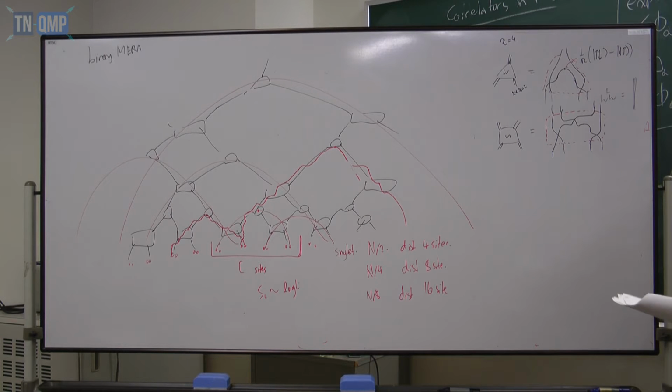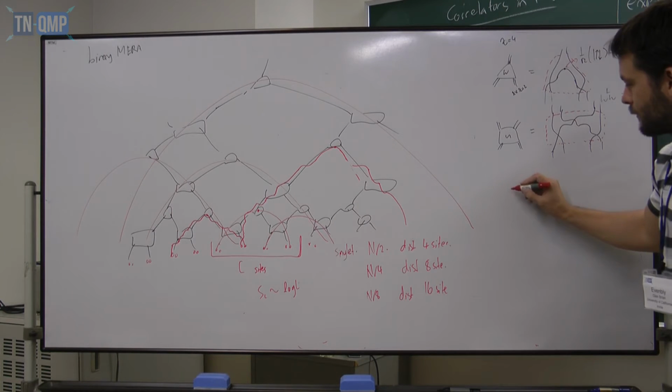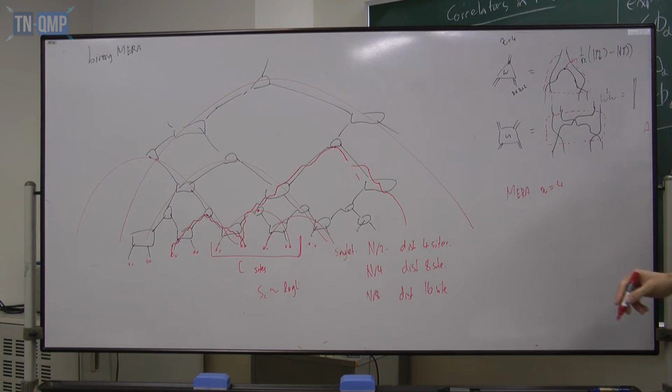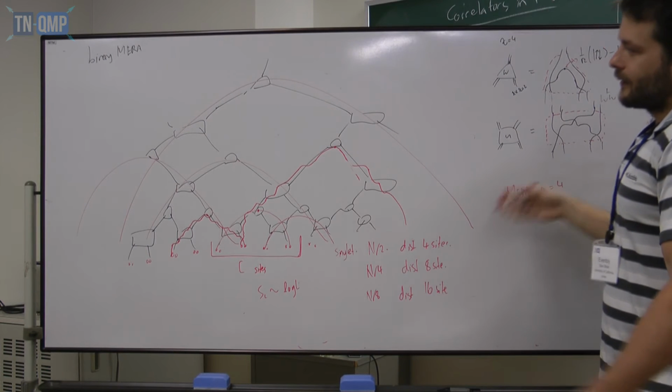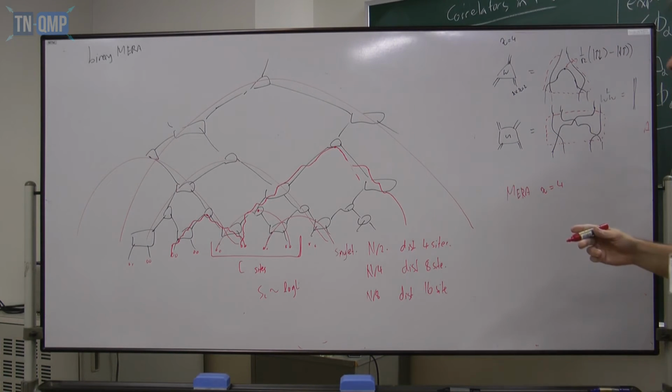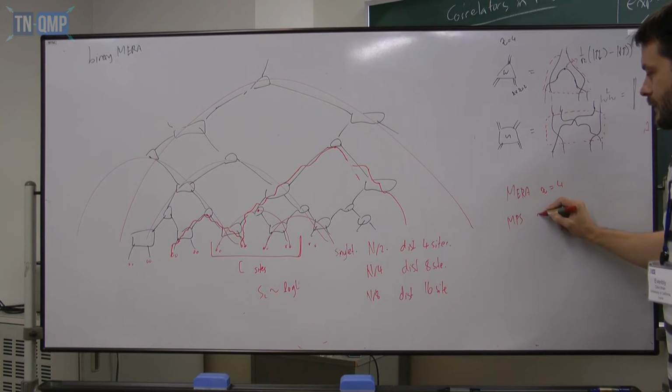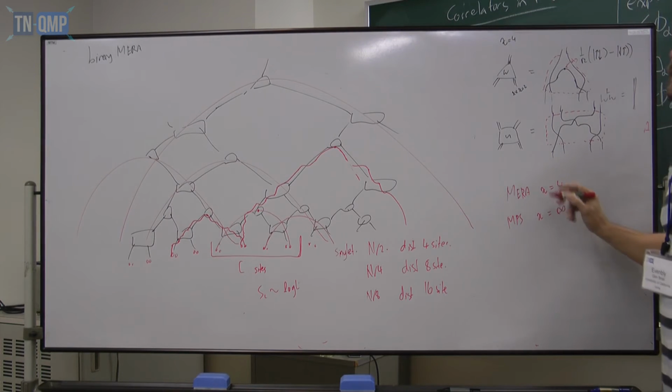And what we can see is that this is MERA with bond dimension chi equals 4. Imagine this lattice was infinitely big. I still have this MERA bond dimension chi equals 4. If I asked you, could you represent the state with a matrix product state, you would need bond dimension chi equals infinity.